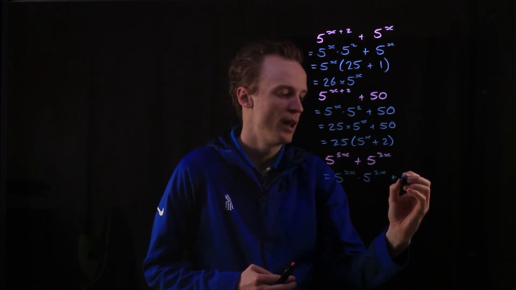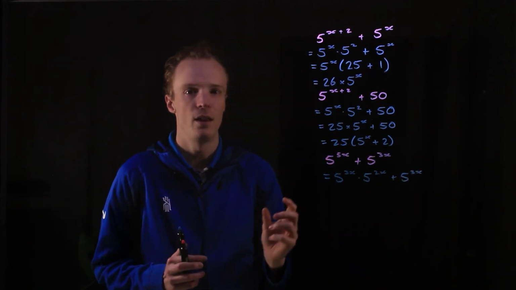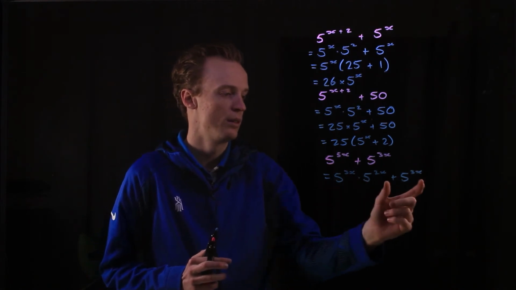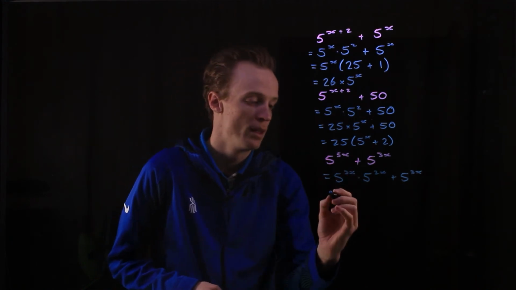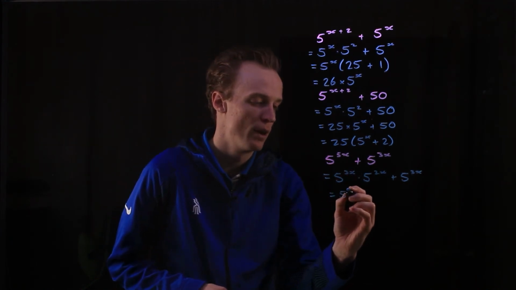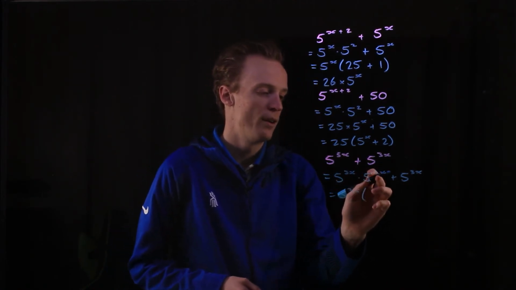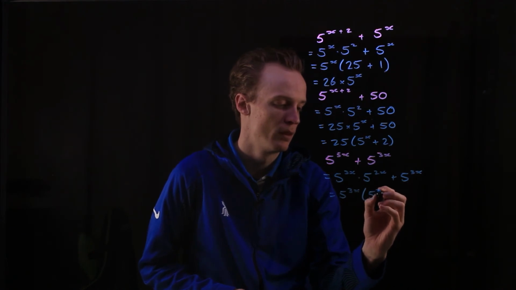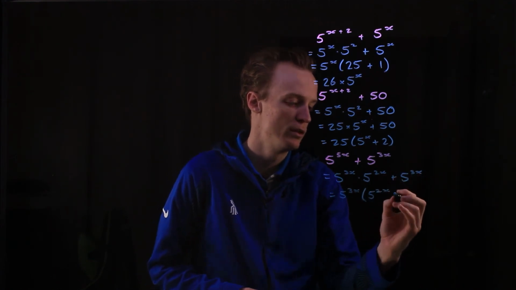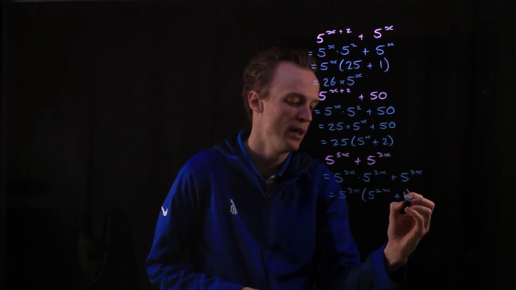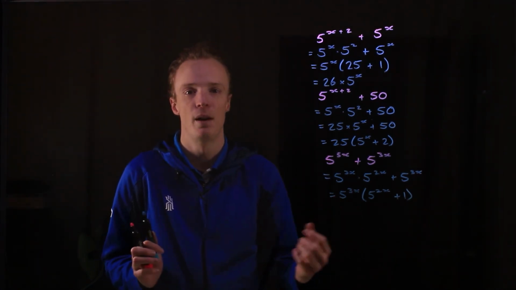Now, of course, I still need to add on my 5 to the power of 3x at the end, and I can now see here that I've got two terms that have a common factor of 5 to the power of 3x that I can remove. So if I remove that, this will be 5 to the power of 3x. What I'll be left with in the first term is my 5 to the power of 2x. And on the second term, I'm dividing it by itself, so it'll be just 1. So I'll add 1 at the end here. And now I've factorised this by removing the common factor of 5 to the power of 3x.